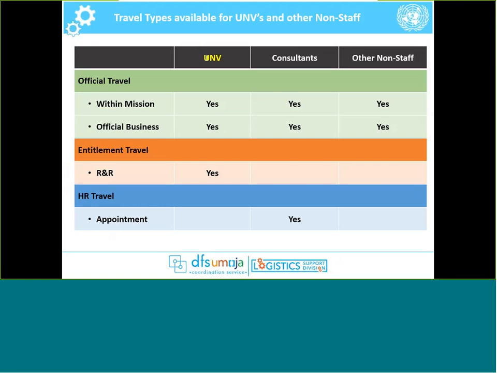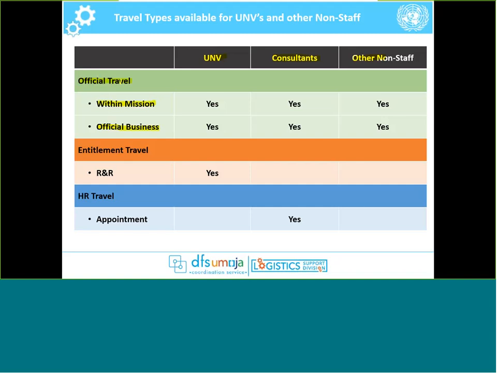In this slide, we want to represent what travel types are available for each type of traveler. In columns we have the different travelers like a UNV, consultants, and other non-staff. In rows we have the different travel categories, for example official travel, and the different travel types, for example within mission and official business.